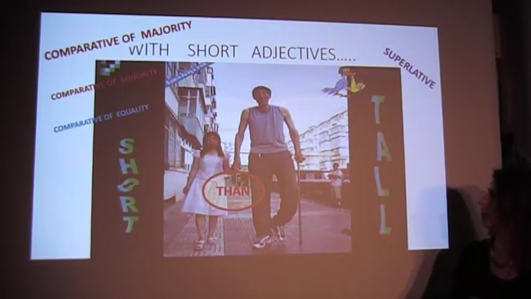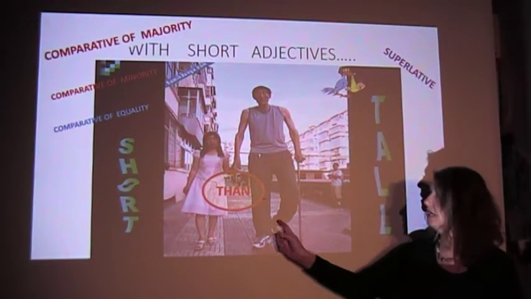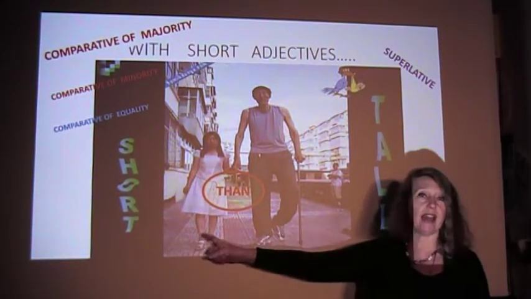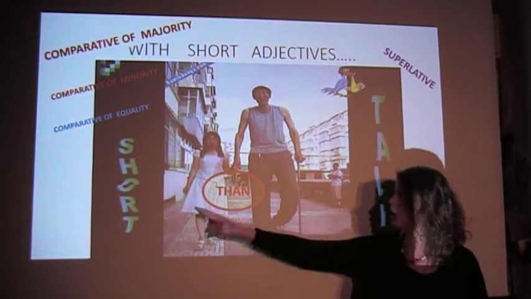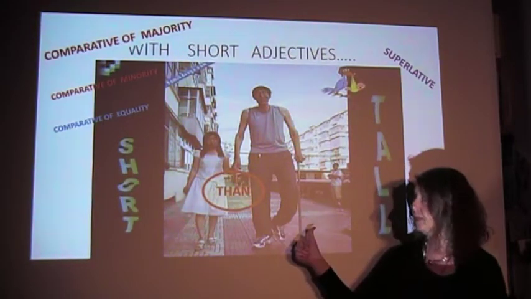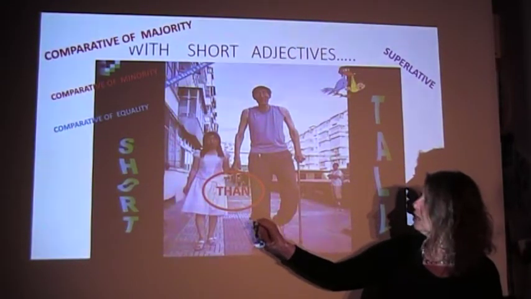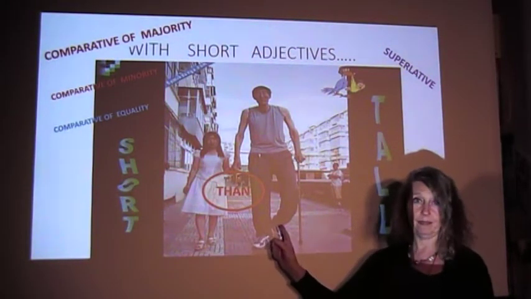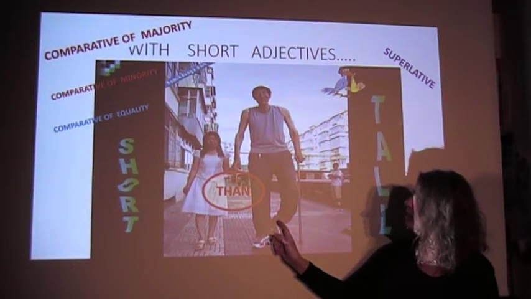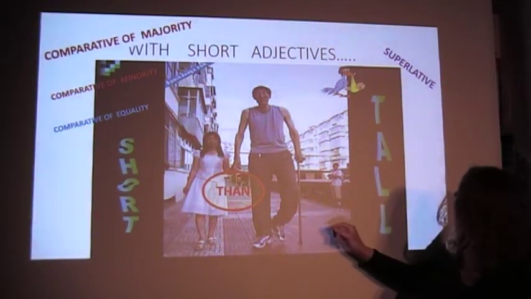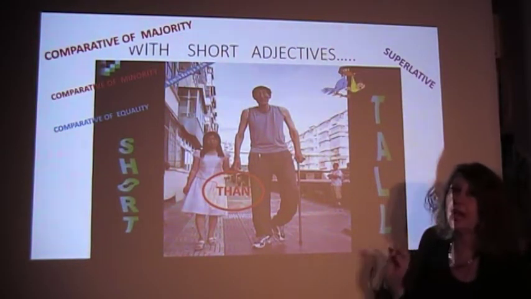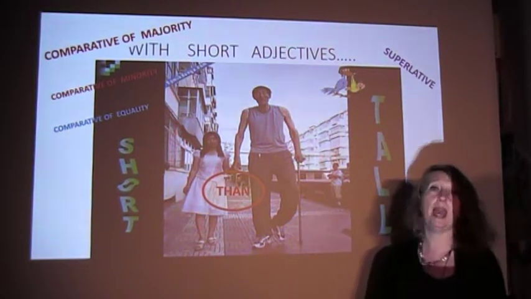So if we want to say that he is più alto, he is taller than her. She is shorter than him. She is not as tall as him. And he is the tallest, superlativo, the tallest, don't forget, he is the tallest man in the world.